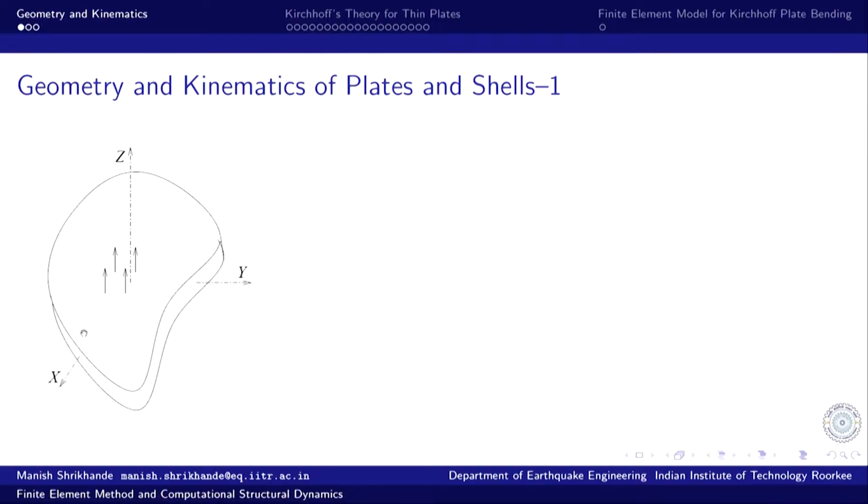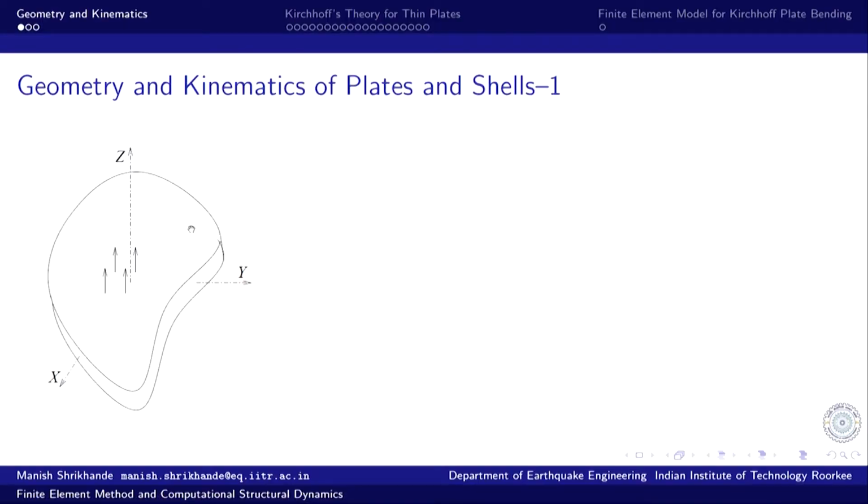So, first, as I said, the geometry and kinematics play an important role in the theory of plates and shells. A simple example that is representative of what we are dealing with: what you see here is a two dimensional extent in the xy plane.